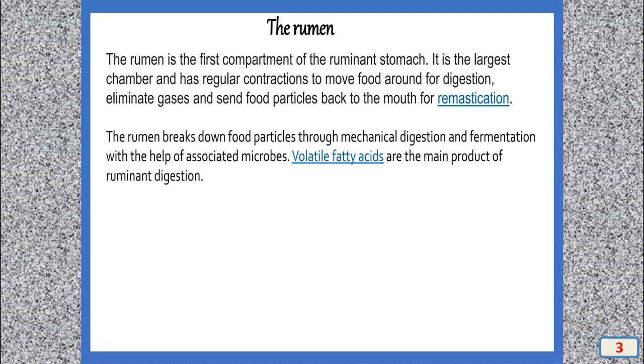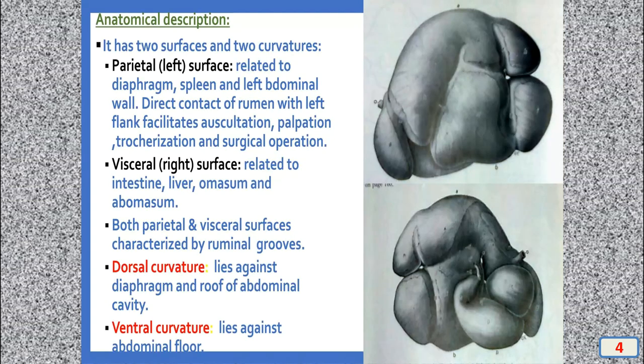So instead of producing glucose, unlike monogastric animals, the ruminants, with the help of the microflora, produce volatile fatty acids. In short, they are called VFAs. So this is the anatomical description of the rumen.